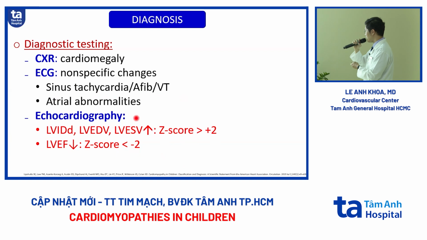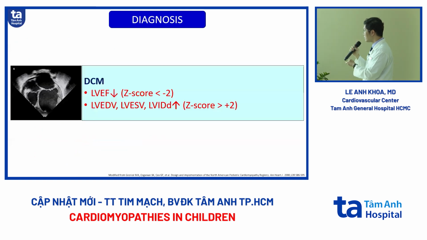LVESV is increased with a Z-score more than +2, and the left ventricular ejection fraction is reduced with a Z-score less than -2. This slide is the summary of the criteria for diagnosis of DCM. It includes the LVEF and the volume of the left ventricle.